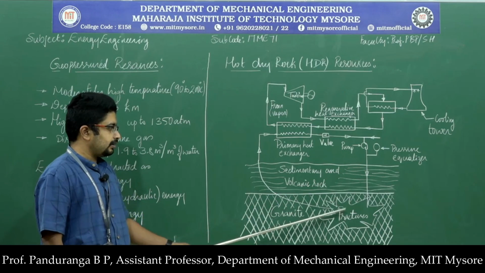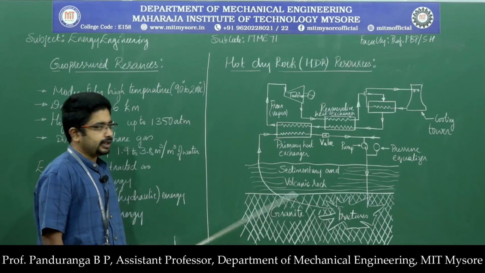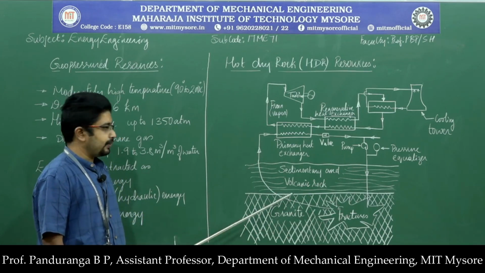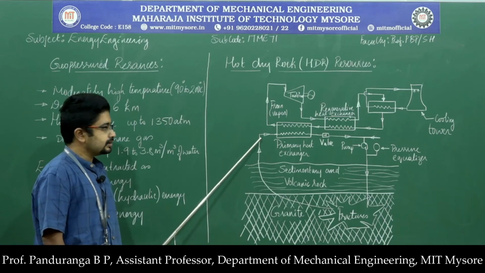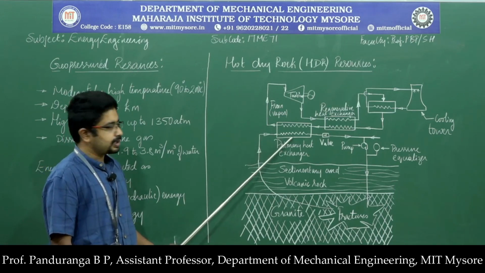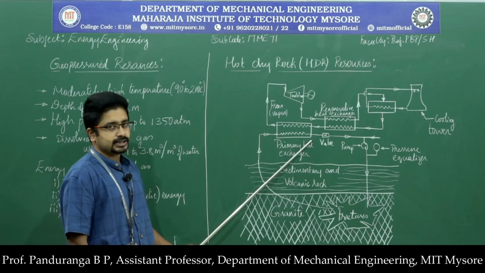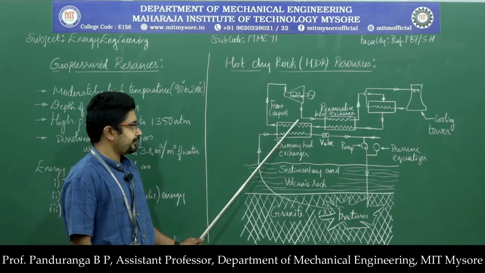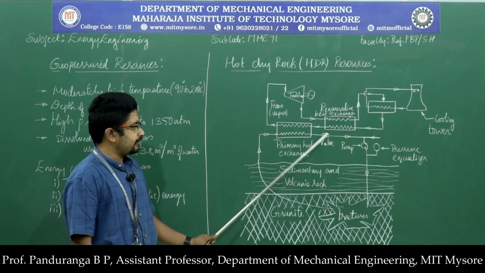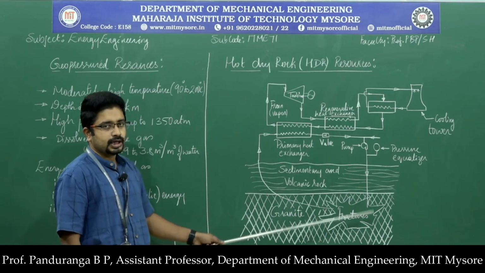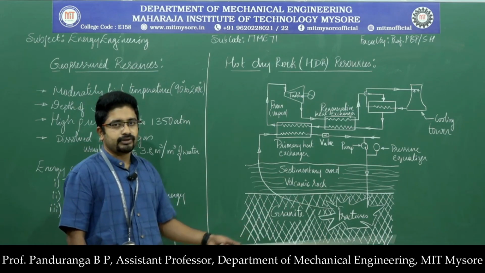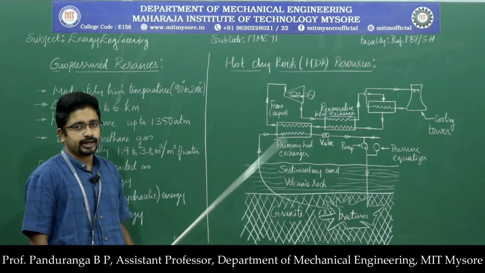From the fractures we take out the hot water with the help of a production valve. Then the hot water passes through the primary heat exchanger, transferring its energy to the Freon in this case, and we have a non-return valve here because it is a pressurized circuit and we need water to flow in only one direction.